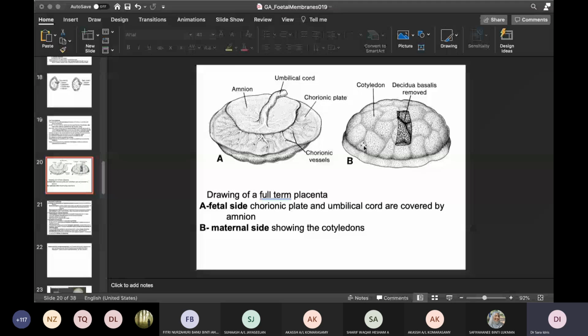Whenever you have a patient who gives birth, after the third stage of labor, which means the delivery of the placenta, you always have to look at the placenta to see that it's all intact and complete.